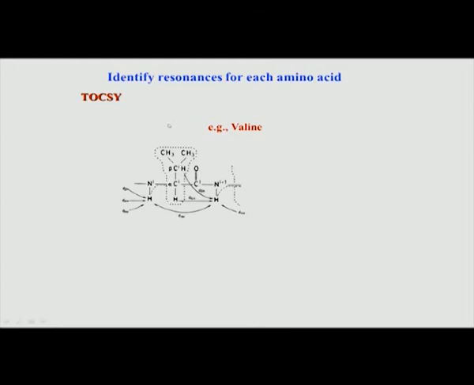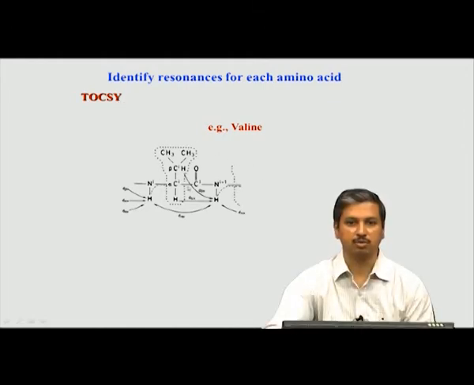Now, let us see how a TOCSY spectrum will look for some spin system. Remember, the moment we talk about TOCSY, the word spin system comes into the picture. As we discussed, each amino acid in a peptide is not coupled to the neighboring amino acid by J coupling. Therefore, you can say that they are isolated spin systems.